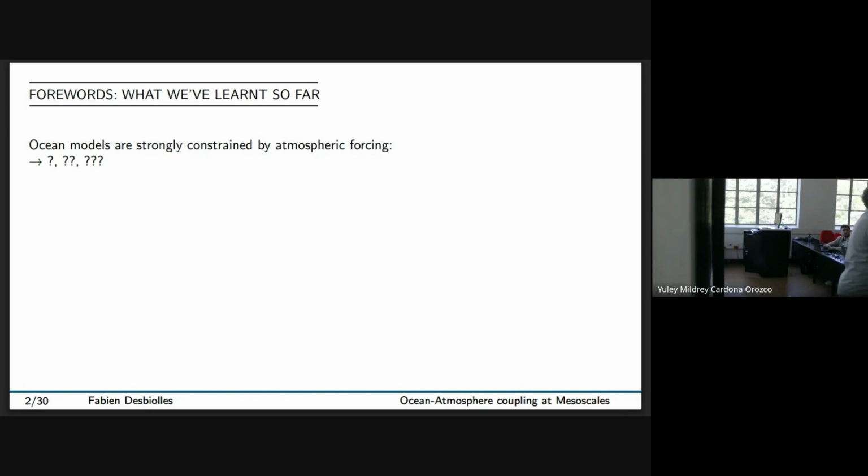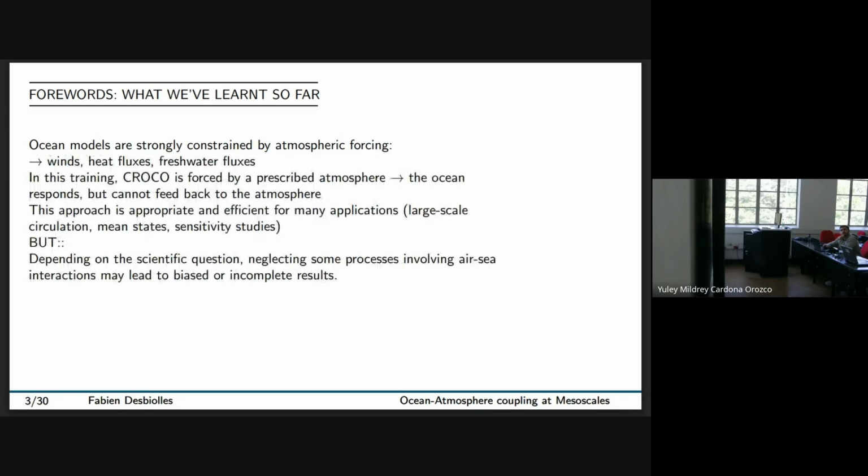But the third one is, no clue, pressure, okay. Well, this is not the thing that I expected, but freshwater flux, right? So evaporation and precipitation. Okay, so winds, heat fluxes, and freshwater fluxes.